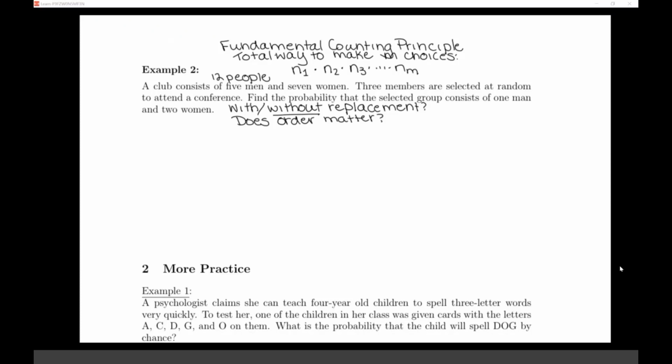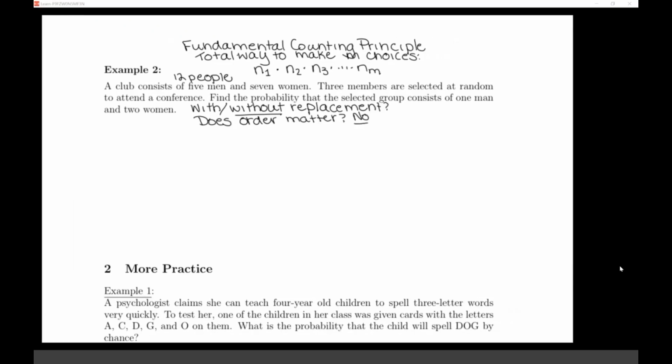Is order important? No, order is not important because if you're chosen, you're going to the conference. There's nothing special about being chosen first or second or third. So if it's without replacement and order doesn't matter, I count with combinations.